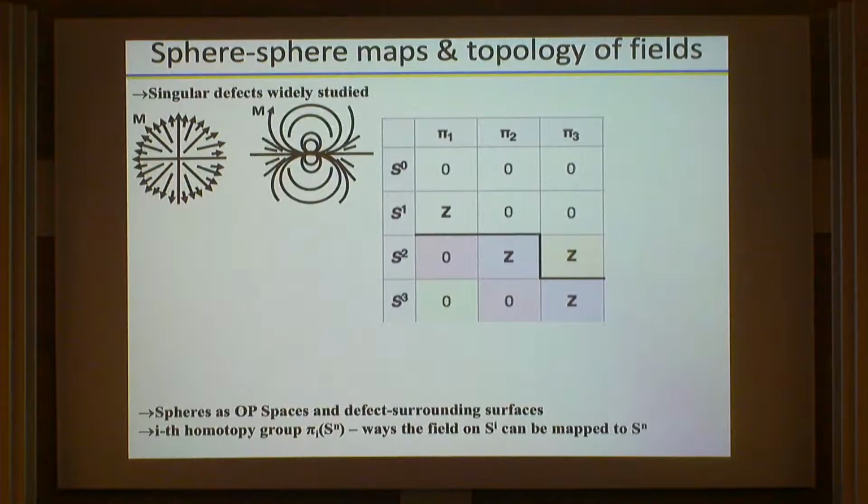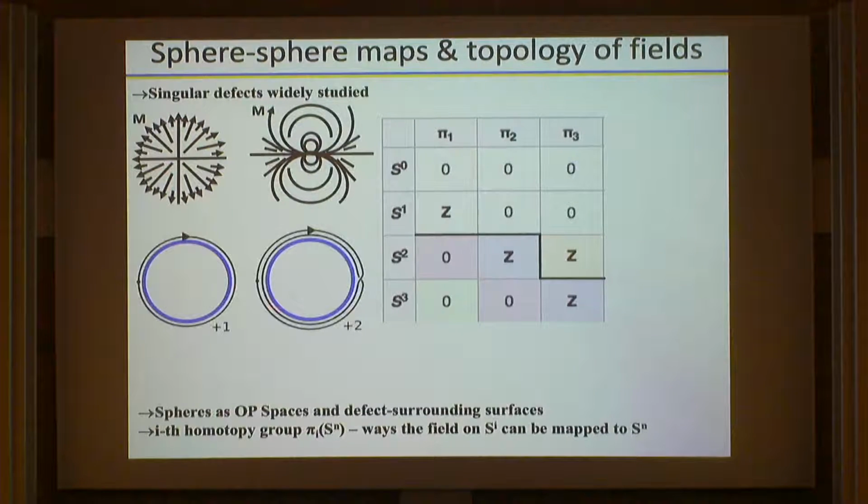In this case, if we have a singularity in a two-dimensional system, for example in a magnetization field, like the ones you can see here, we can characterize them by mapping from this sample that we have to the order parameter space, which in the case of the magnetization confined to a two-dimensional plane would be simply a circle.